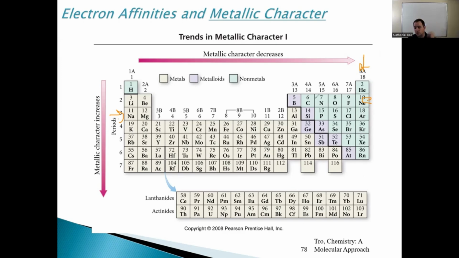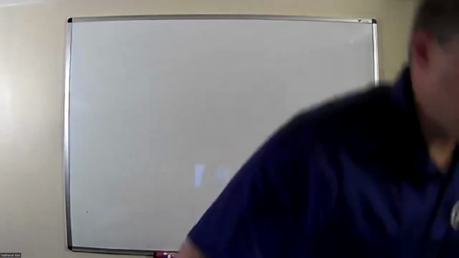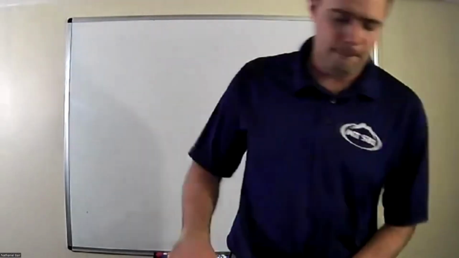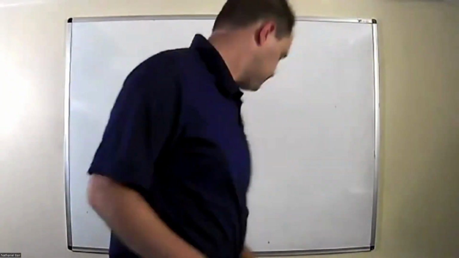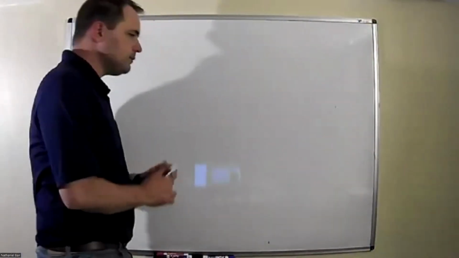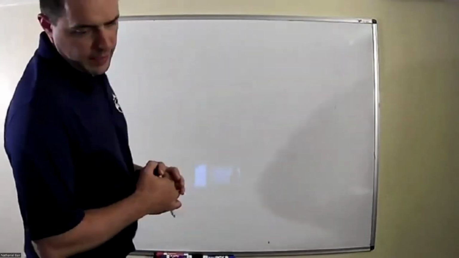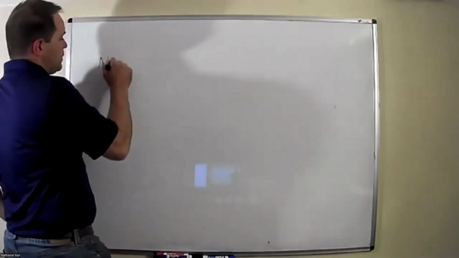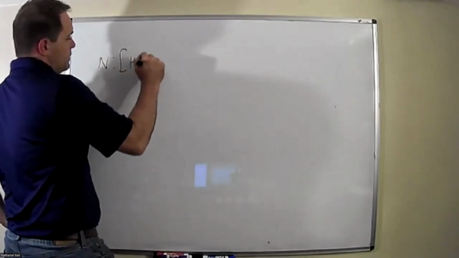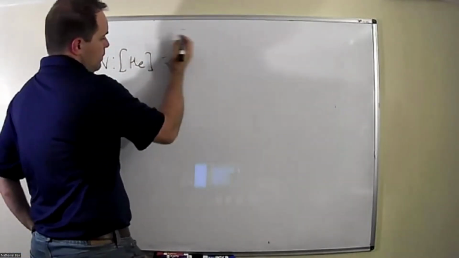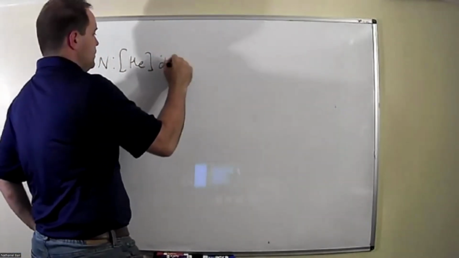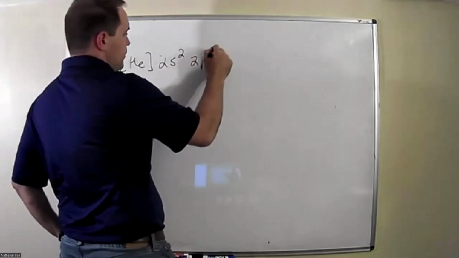Not happy about it. What's up with nitrogen and phosphorus? You're going to love this. If I write the electronic configuration for nitrogen and phosphorus, and you can do noble gas, it doesn't matter. Nitrogen is going to be helium in brackets, 2s2, 2p3.